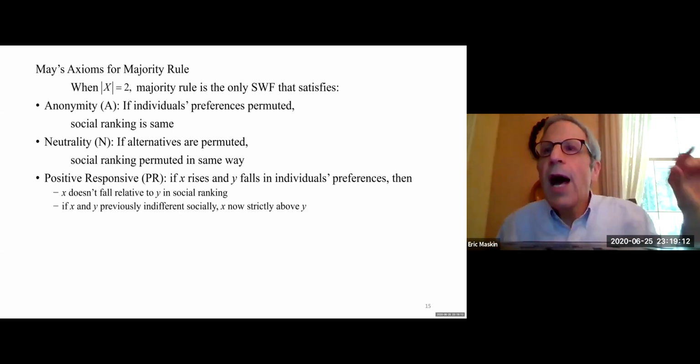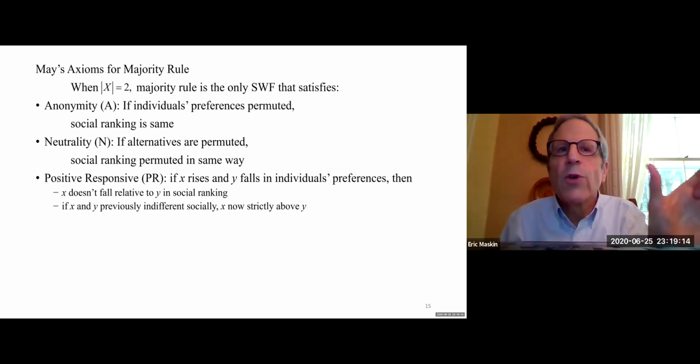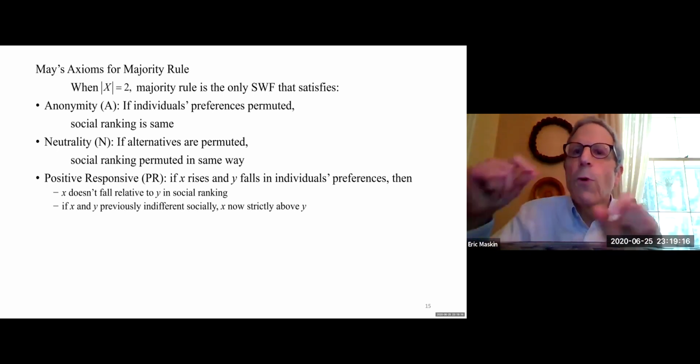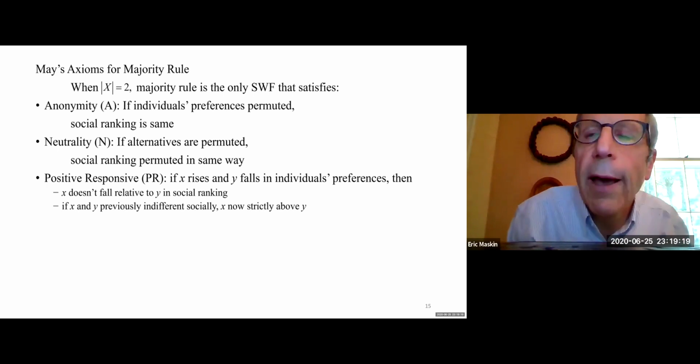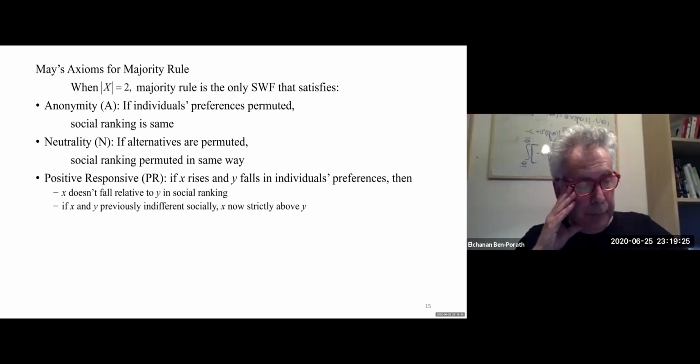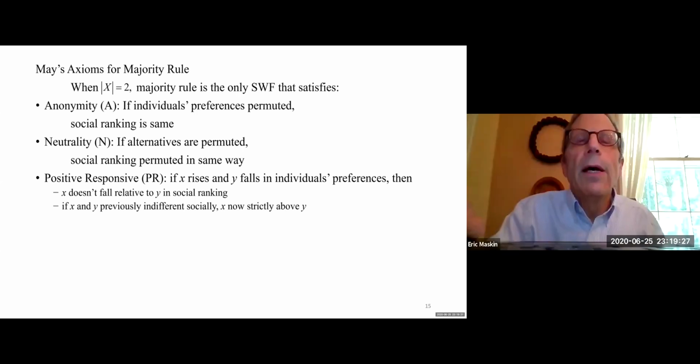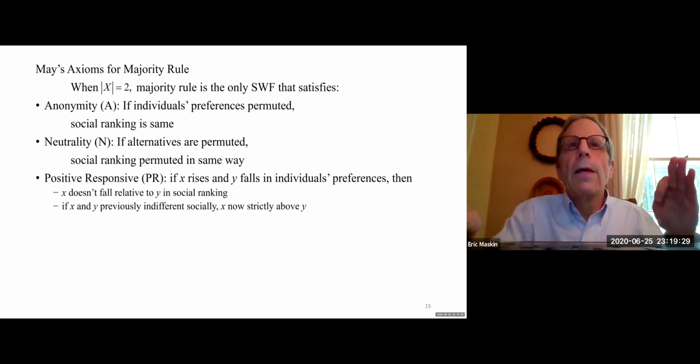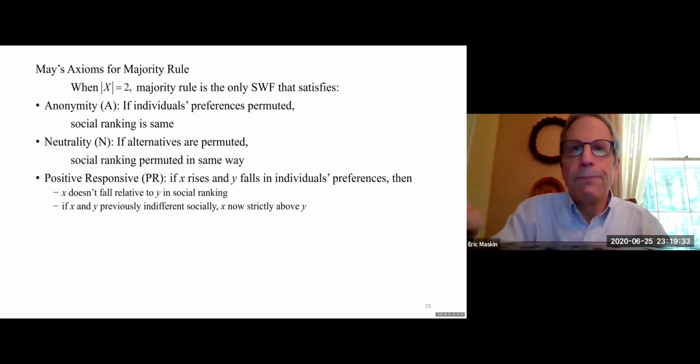And if X and Y were socially indifferent before, now X is strictly above Y. So those three conditions in the two alternative case are May's characterization of majority rule.